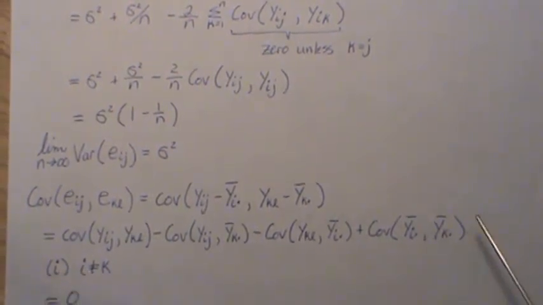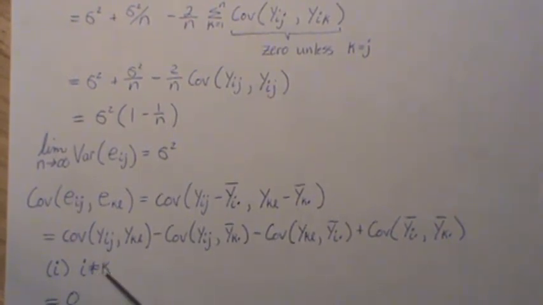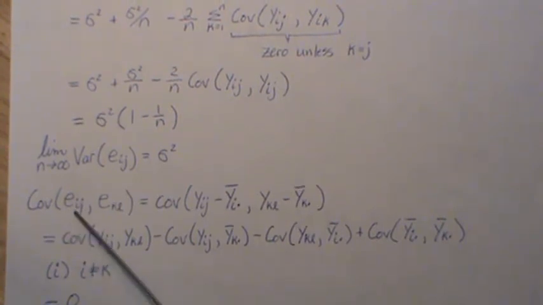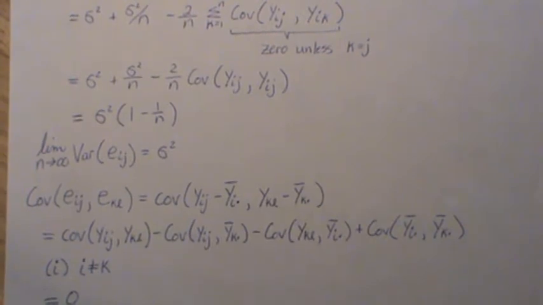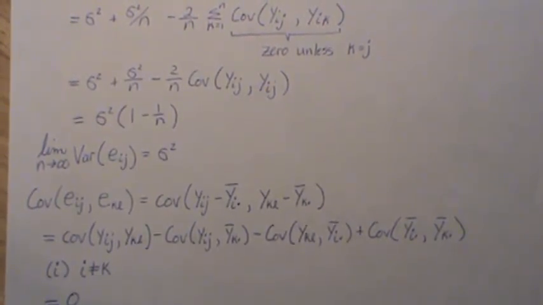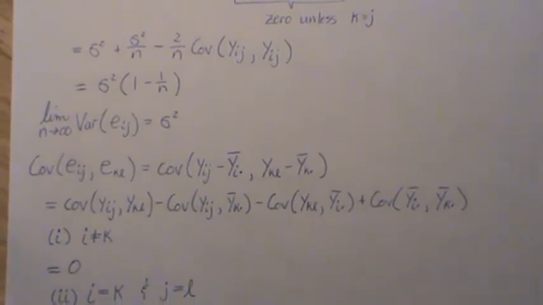And then we have to look at it in different cases. So, when I and K are not equal, that's observations in different treatment groups. So the observations are independent, so the covariance has to be 0.